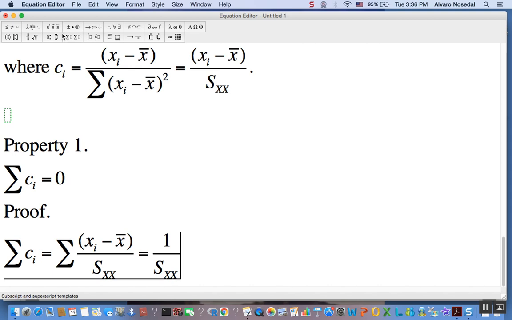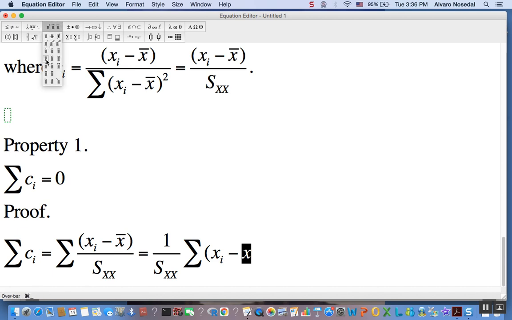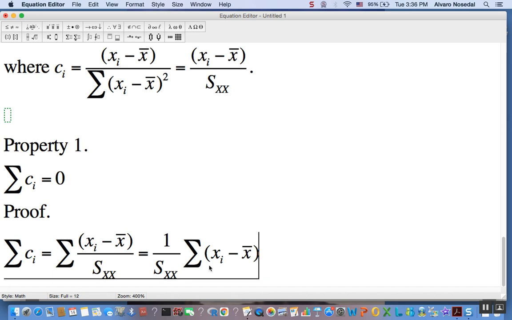Then we have the sum of the xi's minus its mean. But guess what? We are going to have the sum of xi's minus n times x bar.